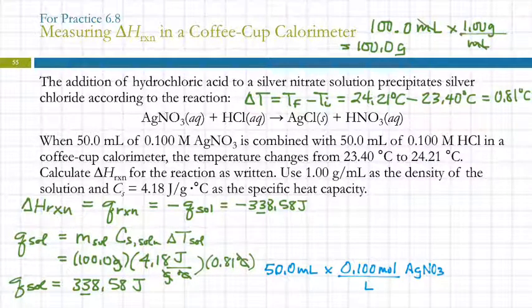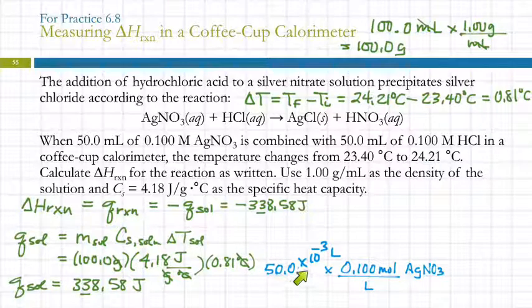Well, the milliliters and the liters aren't going to work out very well, are they? So let's convert this milliliters to liters. So we can move the decimal point over 3 places. Or what I could do is instead of writing milliliters, I could write times 10 to the minus 3 liters.